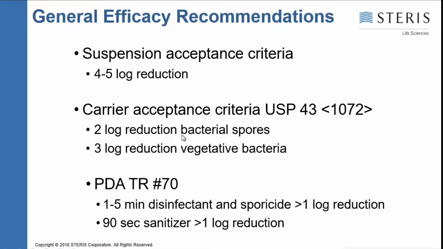And I would put yeast in the category of fungal spores here, 2 log. That reference comes from USP 1072, and Tony is actually looking at updating this to include fungal spores as well.